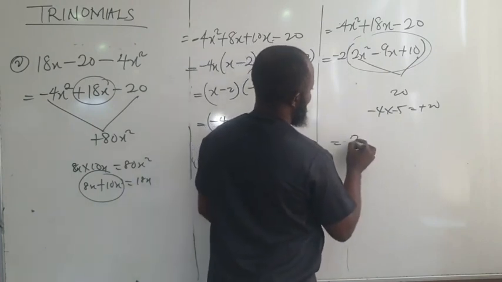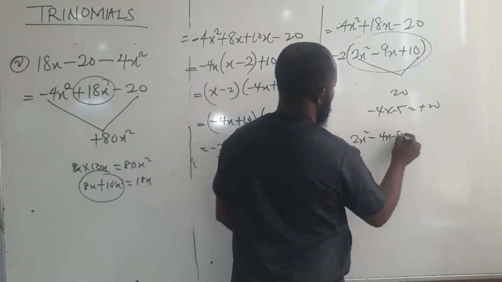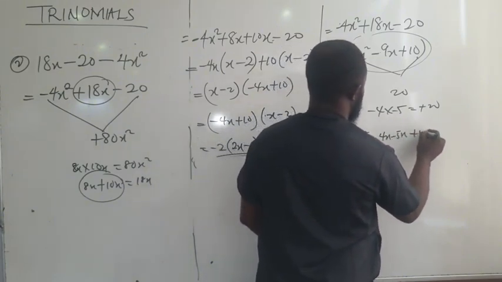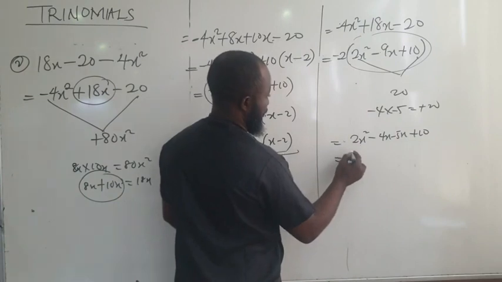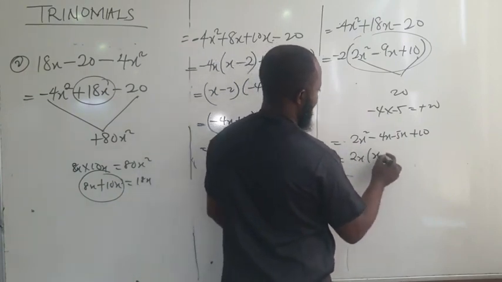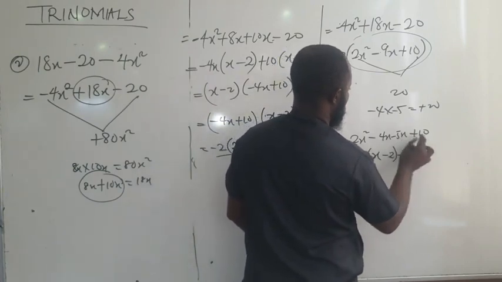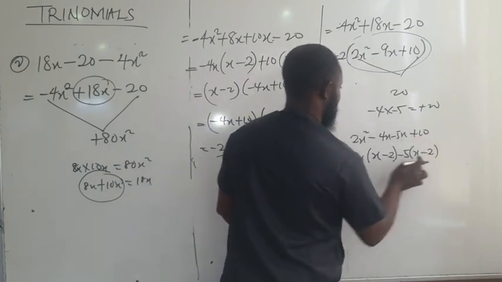That will be 2x squared minus 4x minus 5x plus 10. So what is common is 2x, it remains x minus 2, minus 5 is common, x minus 2. Can you see what we have there?